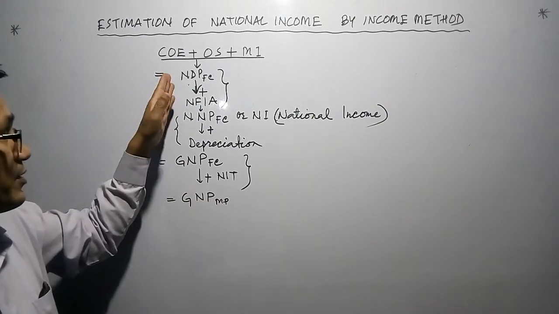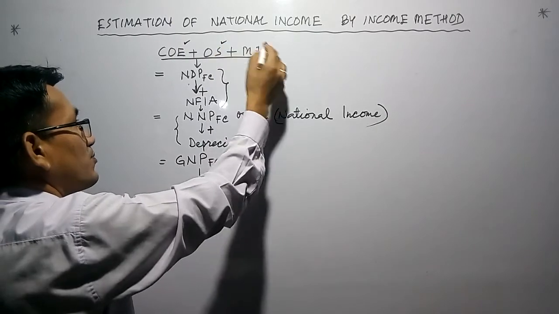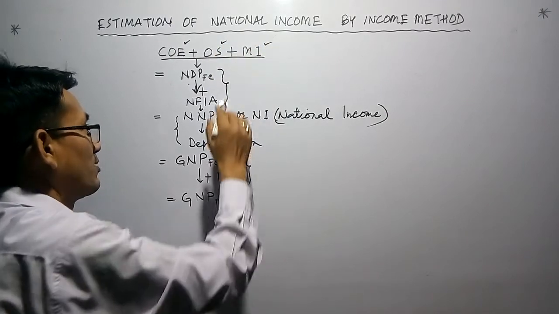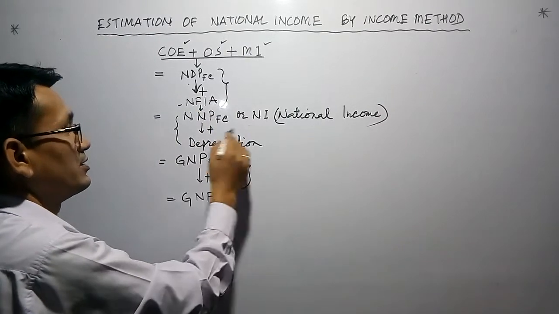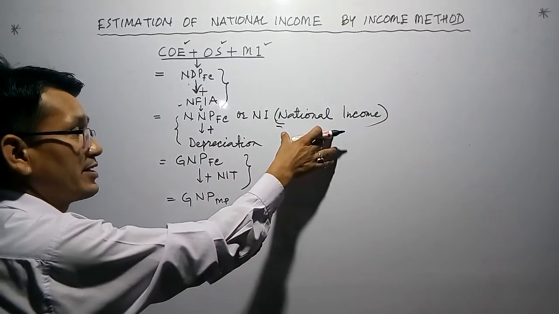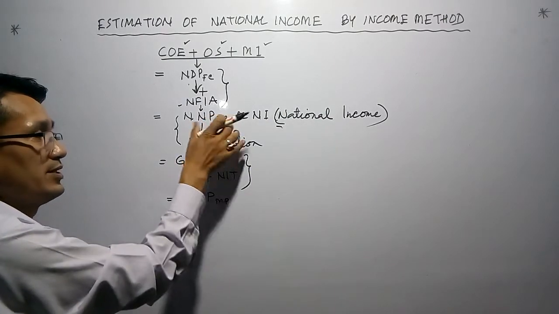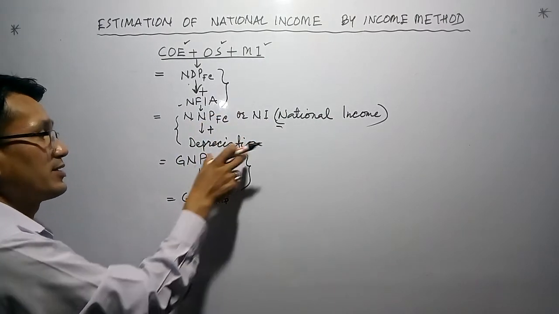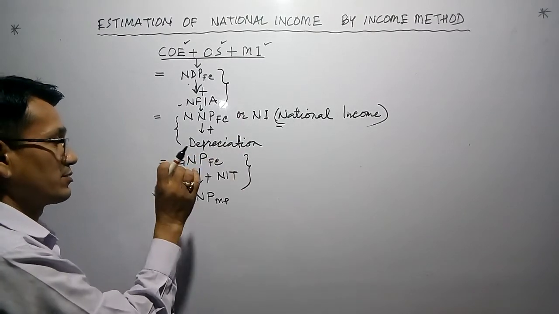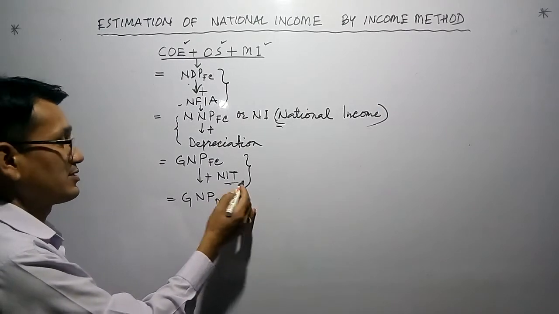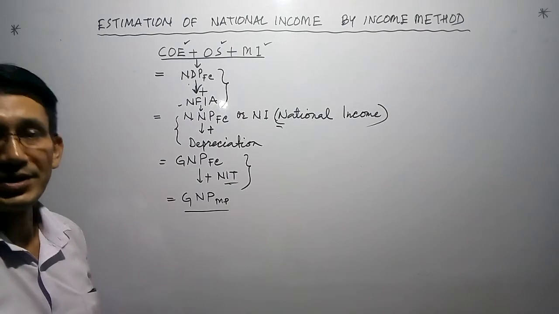So if we are given compensation of employees, operating surplus, mixed income of the self-employed and net factor income from abroad, we get the national income. If depreciation is given, we can get gross national product at factor cost. If net indirect tax is given, we can find gross national product at market price.